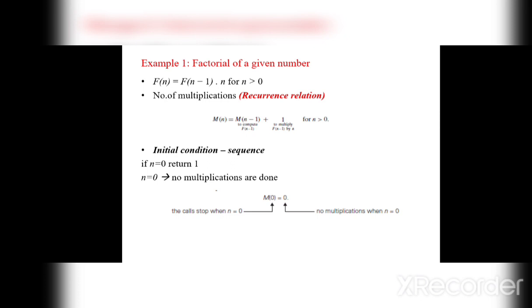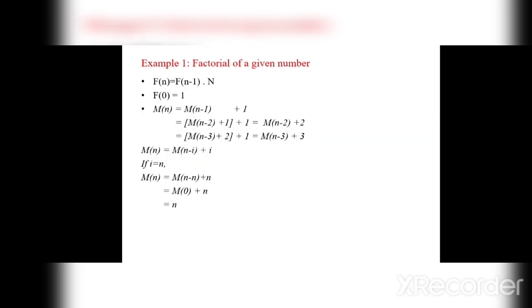The initial condition is, if n is equal to 0, we return 1. If n is equal to 0, no multiplication is done, so M(0) = 0.